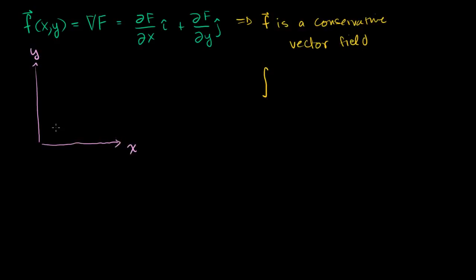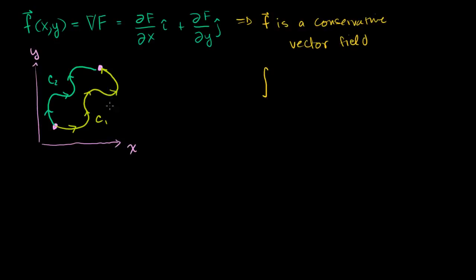Let's say I have that point and that point, and I have two different paths between those 2 points. So I have path 1 that goes something like that. I'll call that C1, and it goes in that direction. And then I have, maybe in a different shade of green, C2 goes like that. They both start here and go to there.